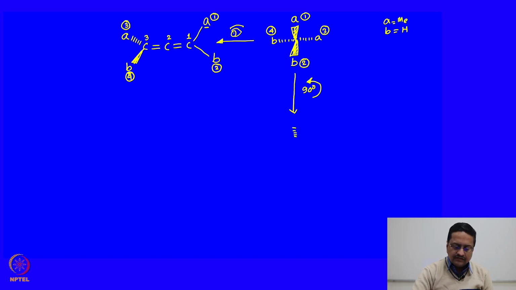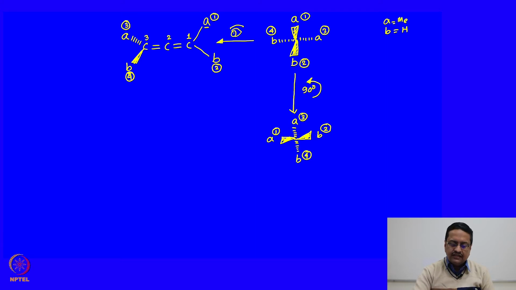So, what we have here is A with priority 3 up, B with priority 4 down. In that case, this A with priority 1 should appear on the left hand side and B with priority 2 should appear on the right hand side. So, now this is in an orientation in which a Fischer projection is drawn.